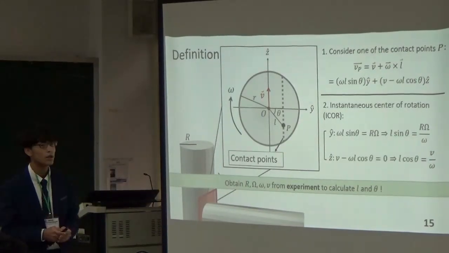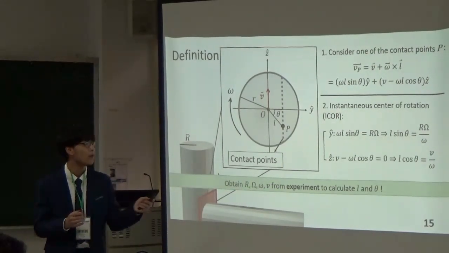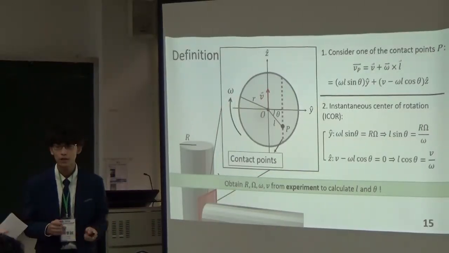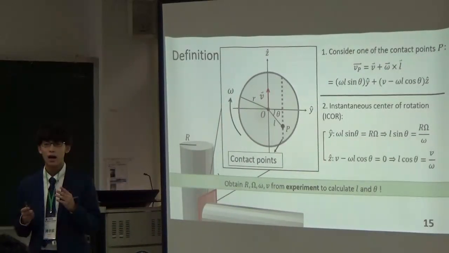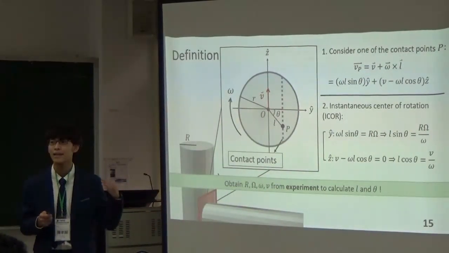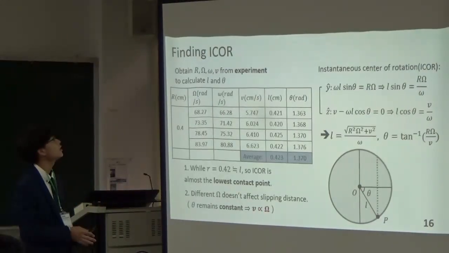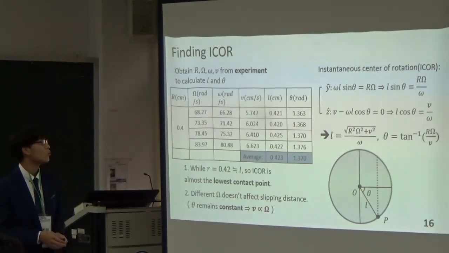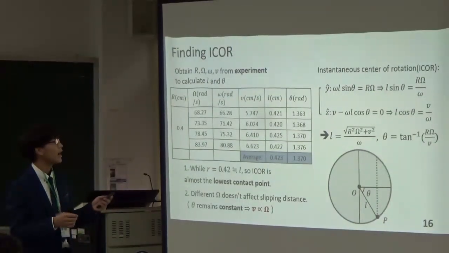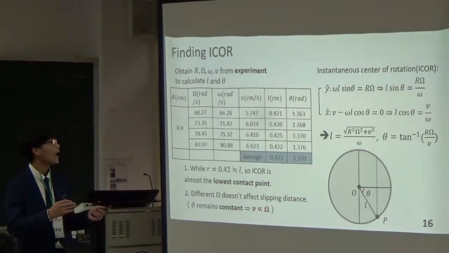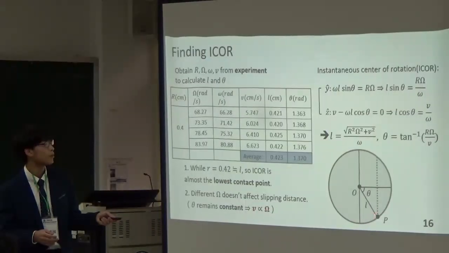So if we can calculate the L and theta of our experiment, we can ensure that an ICR actually exists. Through experimental data, we find that the ICR really does exist, and it's at the contact point P over here.